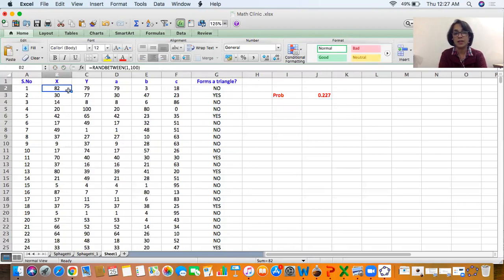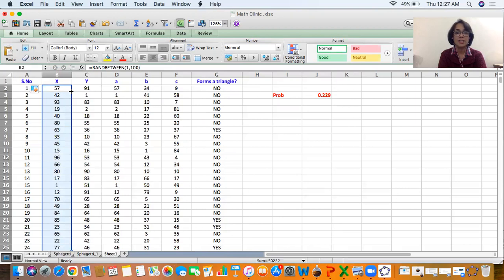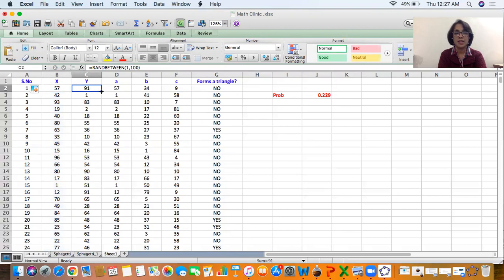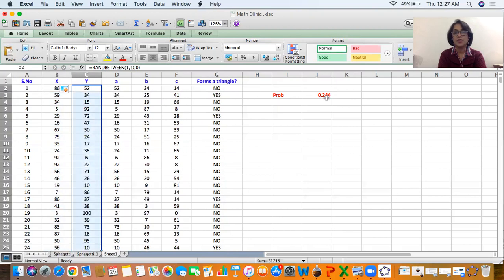Now if I double click on this sheet, I will get another 1,000 simulations whose probability is 0.229. Do it once again and we get 0.244, which is very close to 0.25. So as you keep on increasing the number of simulations, your empirical probability will give you a better approximation of the theoretical probability of 1/4.